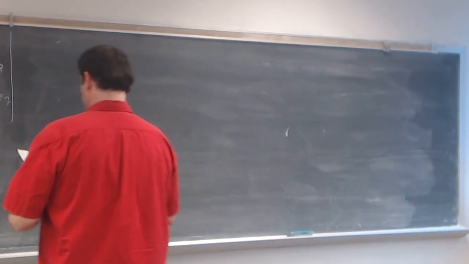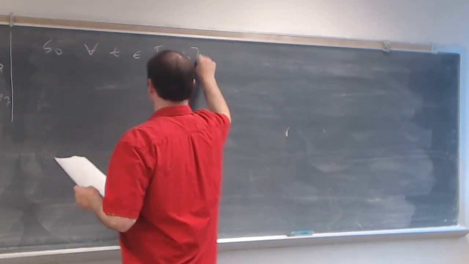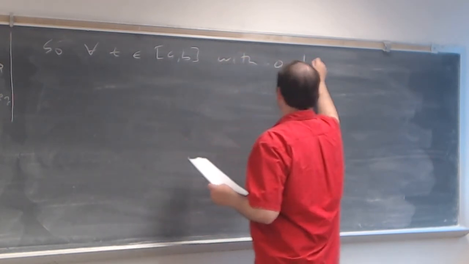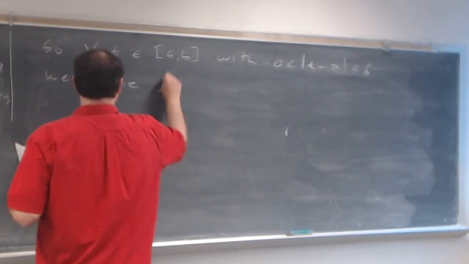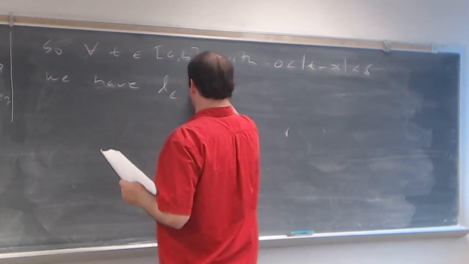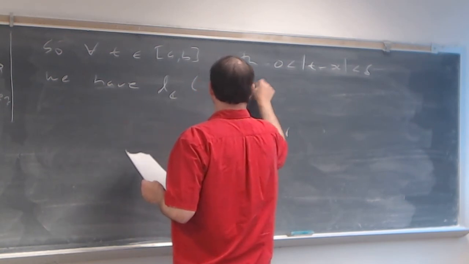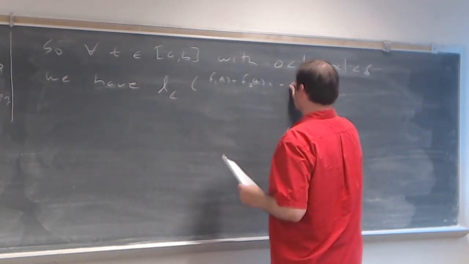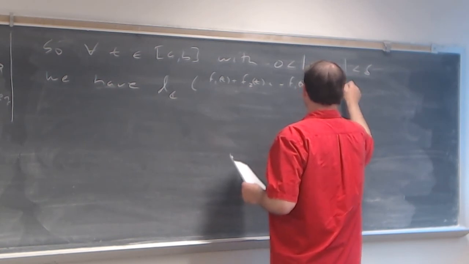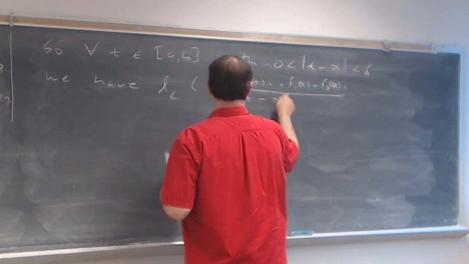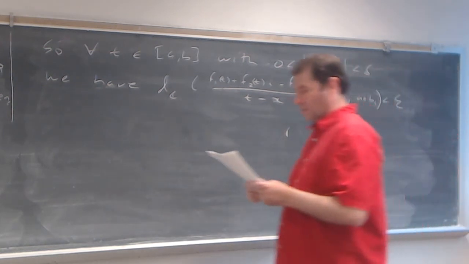Okay, let's look at that metric a little bit more. For all t element of a to b with 0 less than the absolute value of t minus x less than delta, we have the distance in the complex plane between f sub 1 of t plus f sub 2 of t i, minus f sub 1 of x minus f sub 2 of x i, all over t minus x, and a plus bi is less than epsilon.